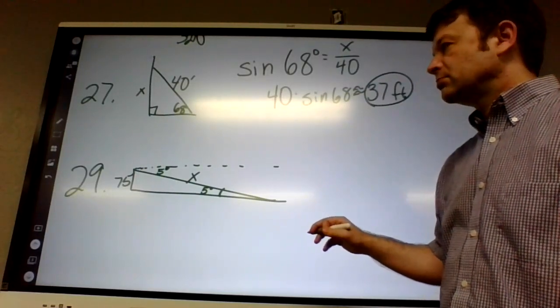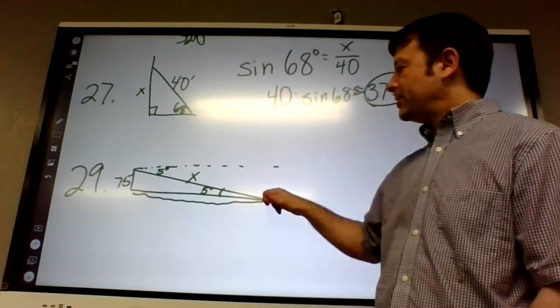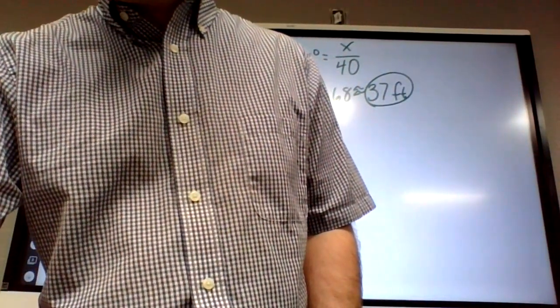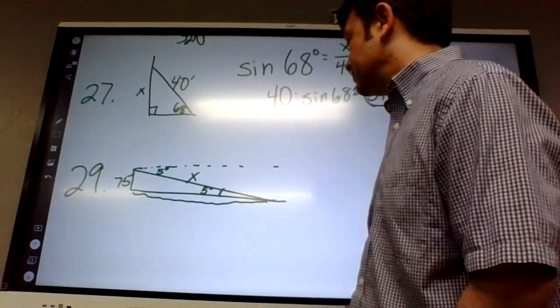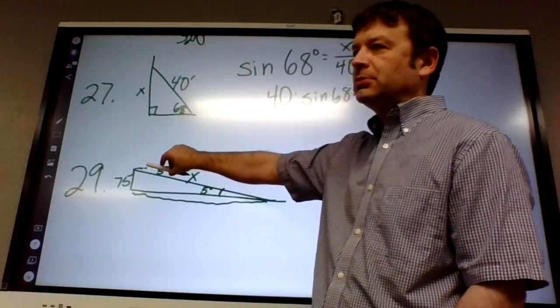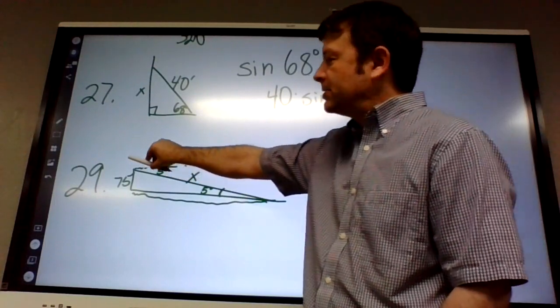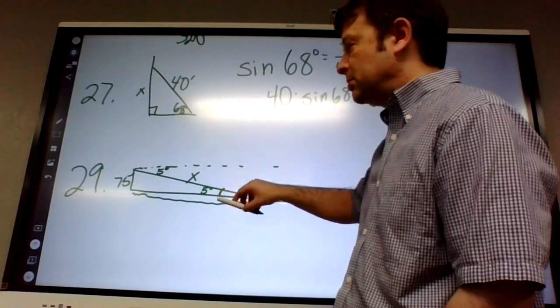The other leg is below the ground, the ground distance. I don't think they want the ground distance. They want the rapids, the top of it. This is the picture of the river going down the hill.